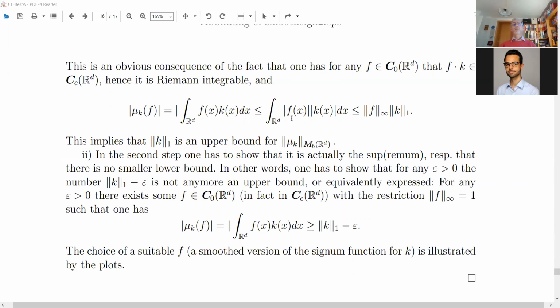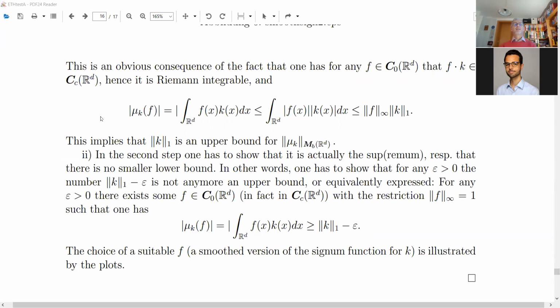Now, what do we know about the f? Actually, very little. We know it's bounded, and there is some number, and we take the best possible estimate for the size of the function, which is, by definition, the sup norm of f. Now, if we estimate this absolute value of f of x by the sup norm, it's a constant, and we pull the constant out of the integral. The remaining term is the integral of the absolute value of k of x, which is the L1 norm.